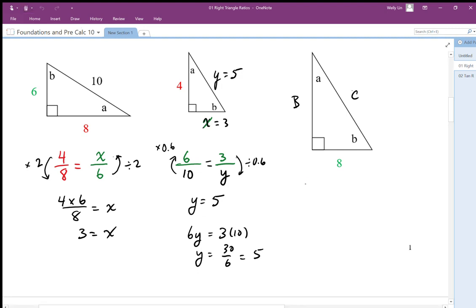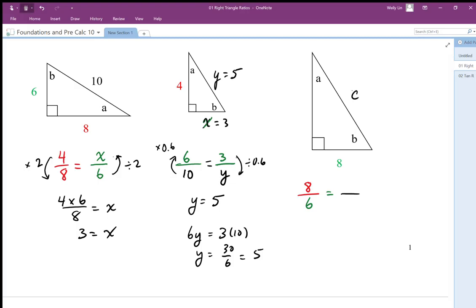I'm going to do the adjacent side to side A divided by the opposite side to side A. I'm going to compare those two sides, and in this triangle I just have to make sure I keep it in the right direction. The adjacent to angle A is going to be B. Maybe I'll color code that so we're clear.